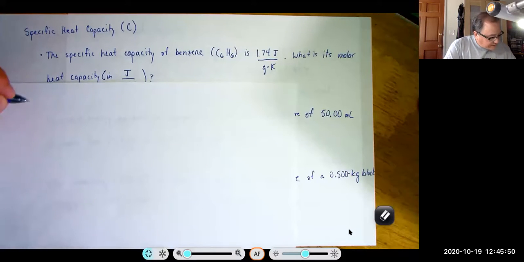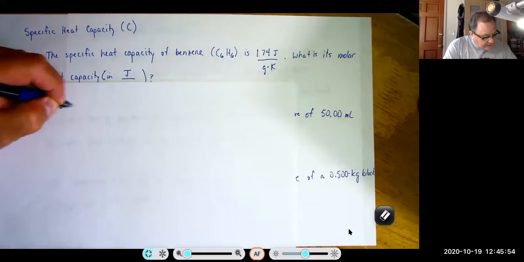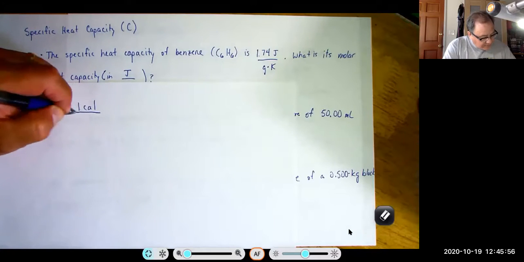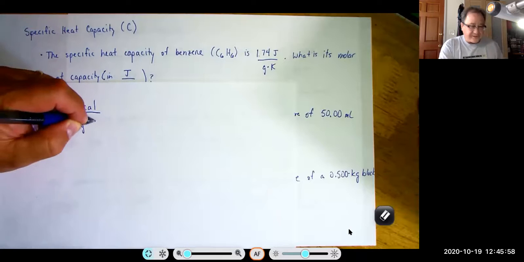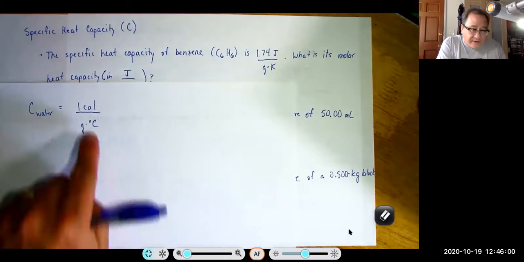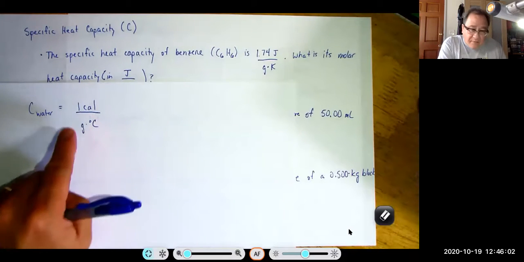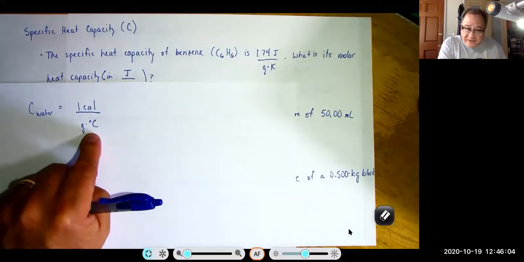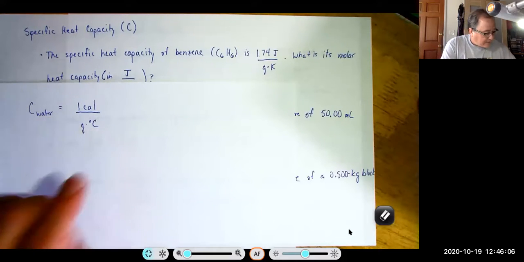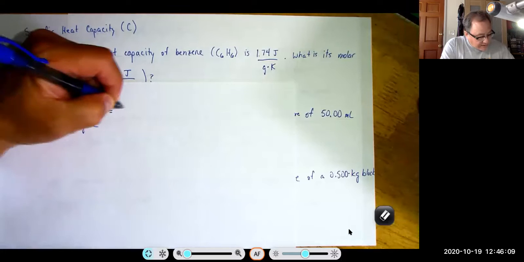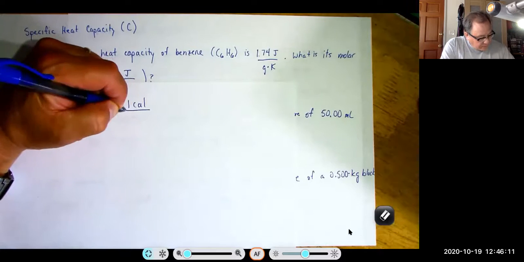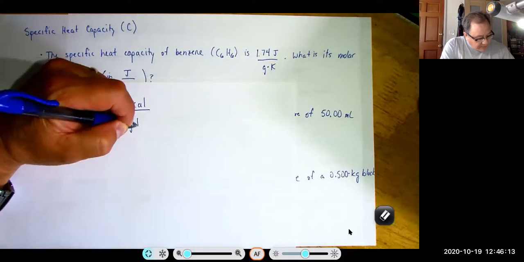So the specific heat capacity of water is 1 calorie per gram degree Celsius. It takes 1 calorie of energy to heat 1 gram of water by 1 degree Celsius. Now, it turns out that this is also equal to 1 calorie per gram per Kelvin.